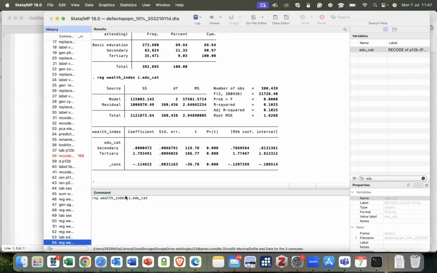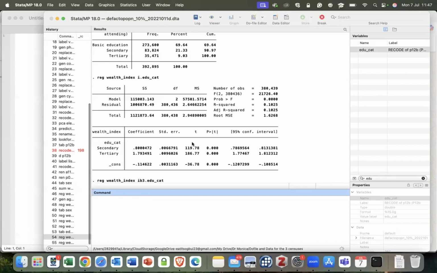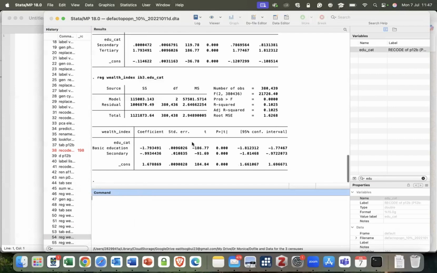And if you want to do that, all you do is put here B3, which means the third category as the reference. So when you run this, clearly you can see here that now tertiary education is your reference category, and basic education and secondary education are the main categories. And it means that those who have less education have lower wealth compared to those who have higher education.